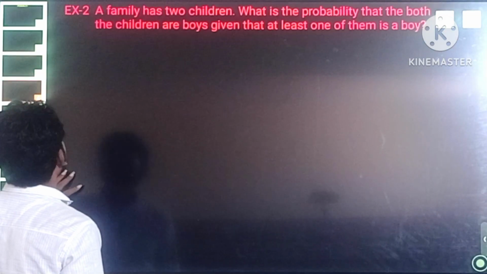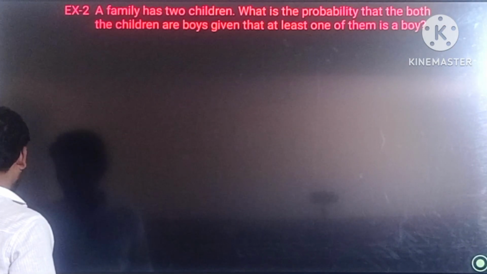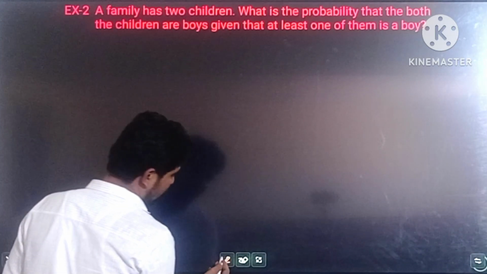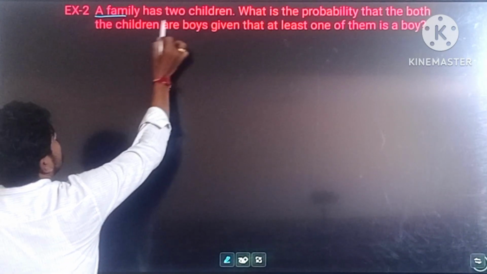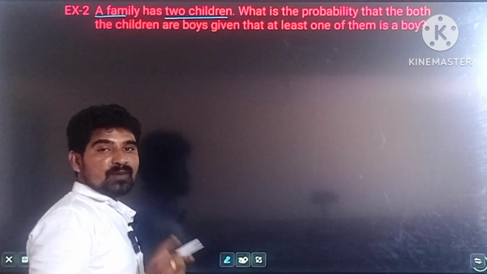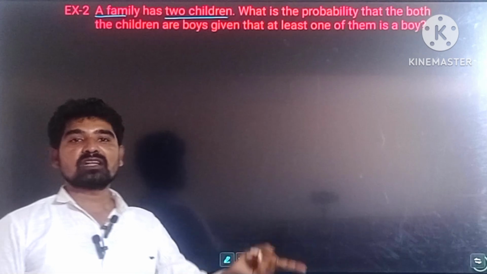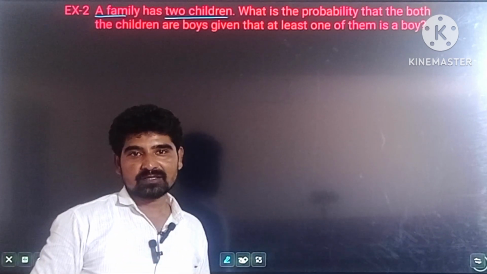The second question is a word problem, and we need to identify the first and second events. In this question it is given that a family has two children. It means that the two children may be baby girls or baby boys.